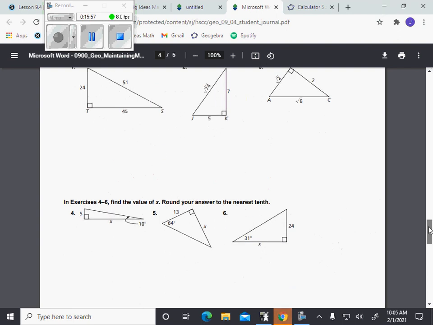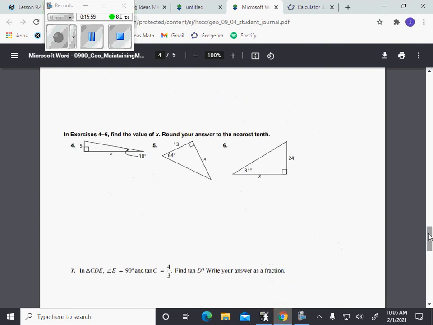Now, in these next exercises, if you didn't understand the first part, those 1 through 3, then we cannot move on to here. So we have to make sure we remember those first 3, or how those are set up. Okay? We want to find the value of x. Well, the value of x is right here.